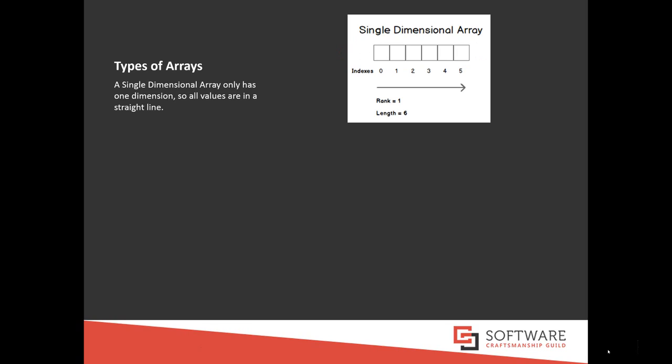The length is 6. However, the important thing to note as a beginning programmer is that the first position in the array is index 0. Arrays always start counting up from 0. So the length is 6, but the last position in the array is 6 minus 1, 5, because the array starts counting from 0.